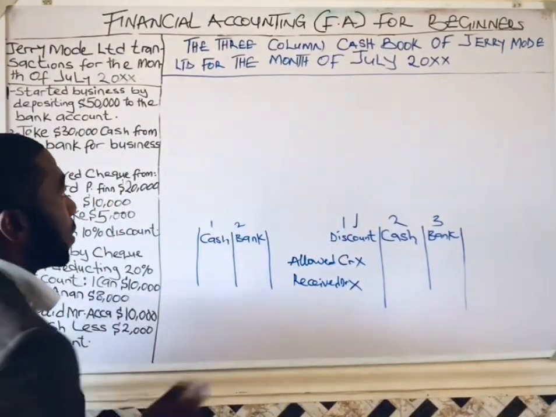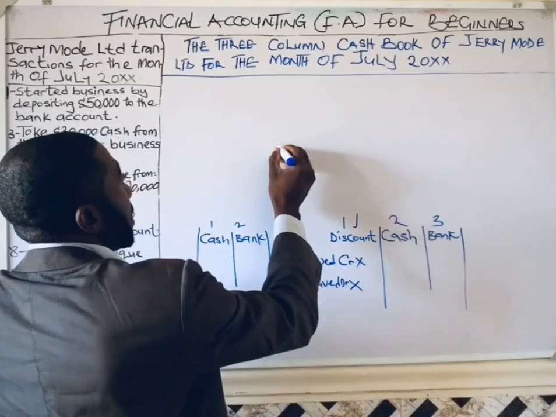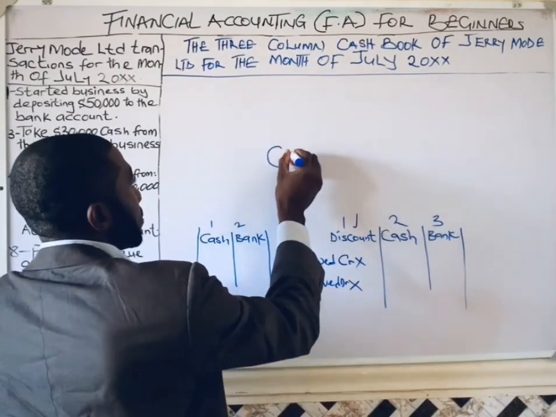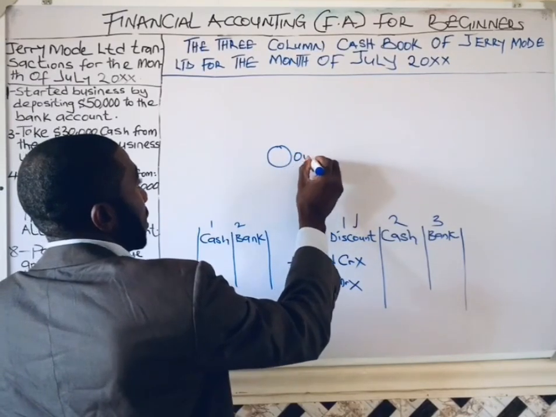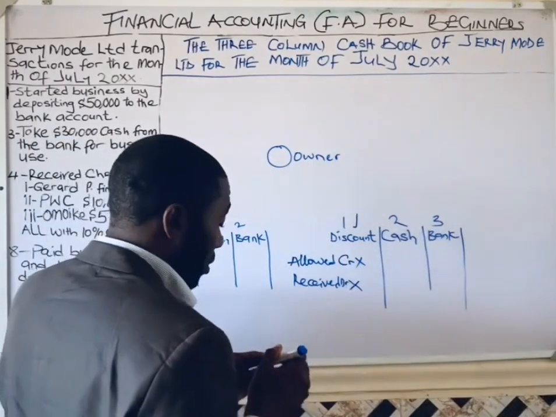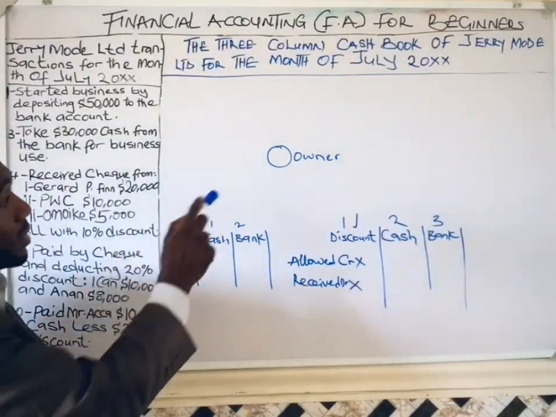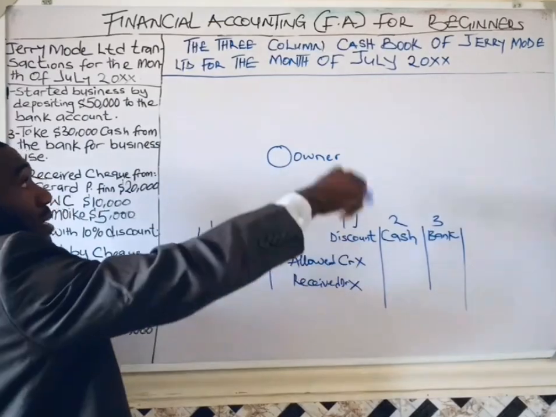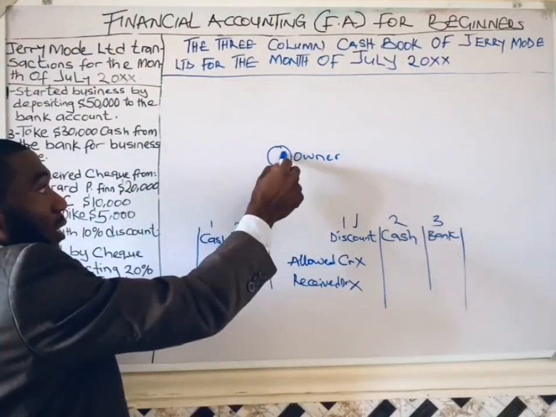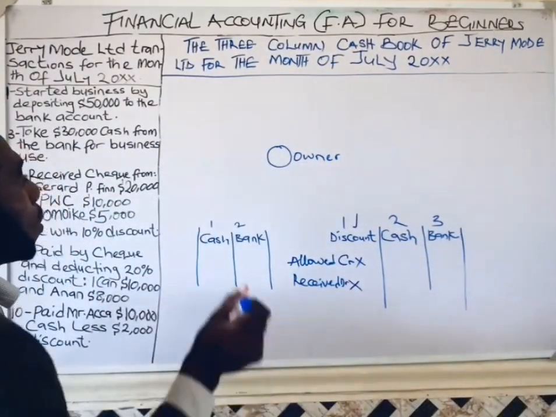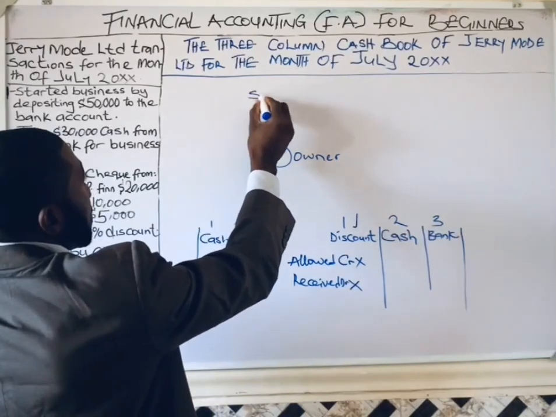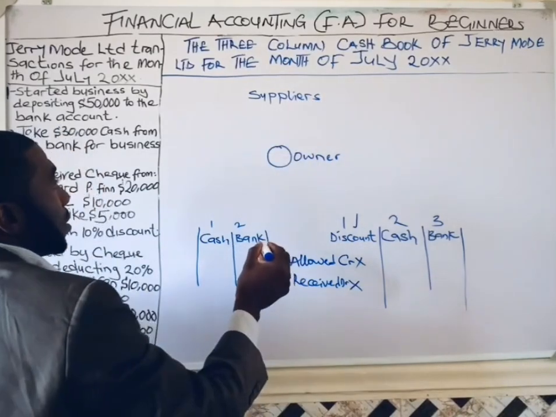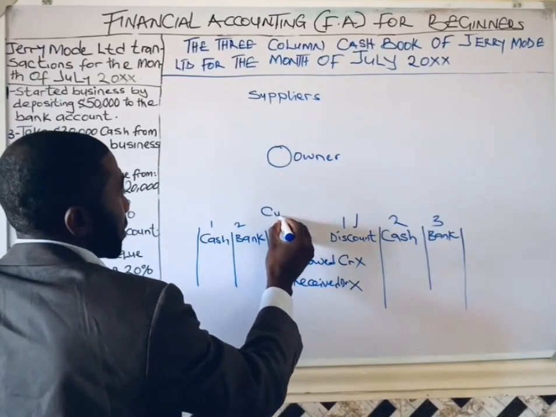Now listen, pay attention. We are here, we are the owner. We are the ones preparing this cash book, so at this point we are the owner. We have suppliers here, and we have customers.